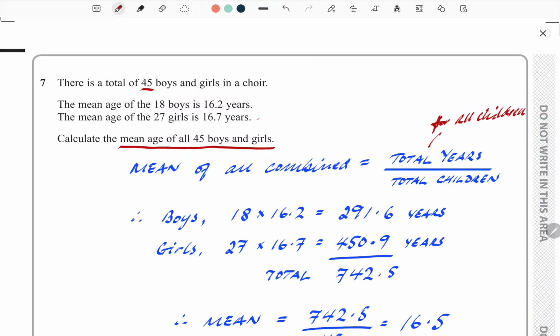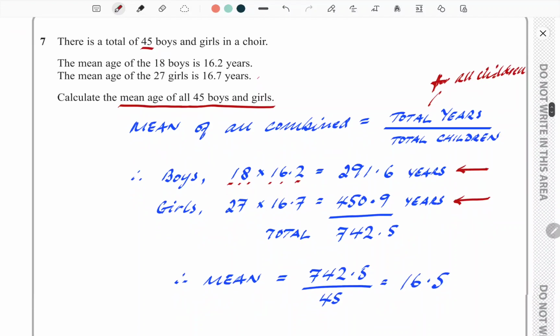So for the boys, the total number of years, you use the data they've given you. So 18 boys, average age 16.2, multiply those and it gives you 291.6 years. For the girls, 27 times 16.7 equals 450.9 years, all right?